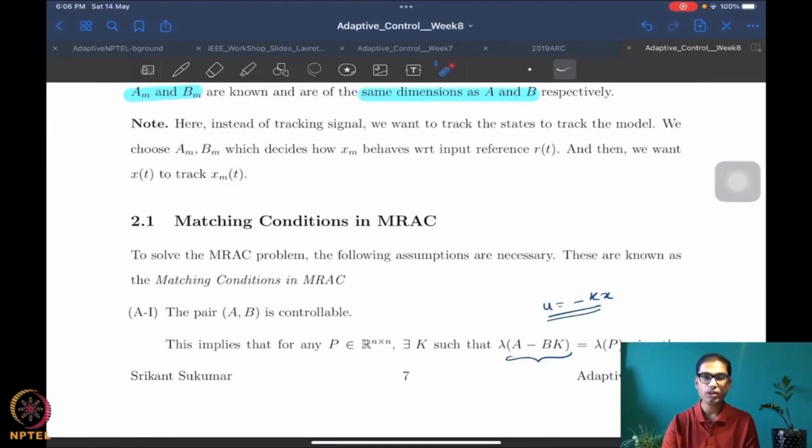Now notice that what we try to match are not the matrices themselves. Notice very carefully that this assumption does not guarantee that the matrices A minus BK and P match. It just ensures that the eigenvalues of the two matrices match.